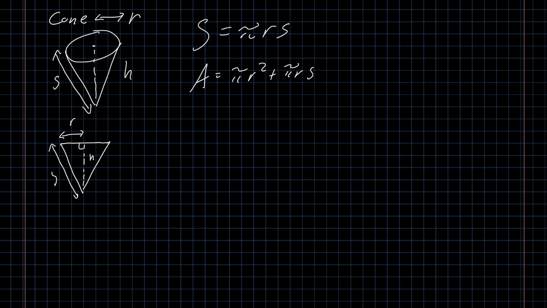So using the Pythagorean theorem, I can get that little s is going to be the square root of r squared plus h squared. So you don't actually need to have that measurement, or put another way, you can figure out that measurement from other measurements and start working with that cone, no problem.